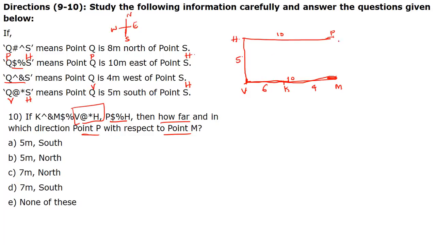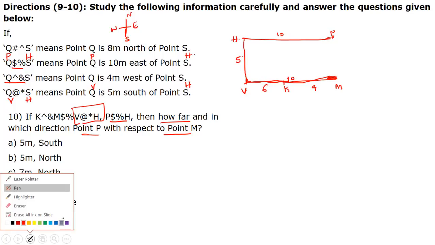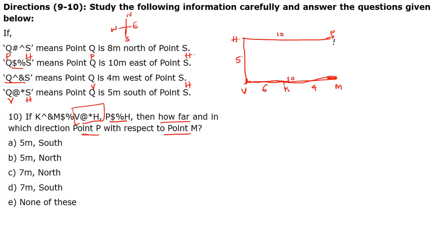The distance between H and P is also 10 meters. So from here it is 10 meters, from here it is 10 meters. Then the distance between these two would be 5 meters. So the total distance from P to M would be 5 meters.